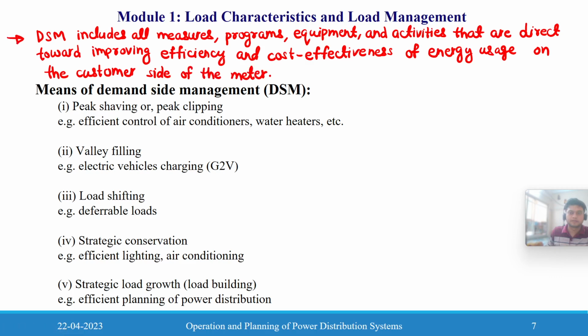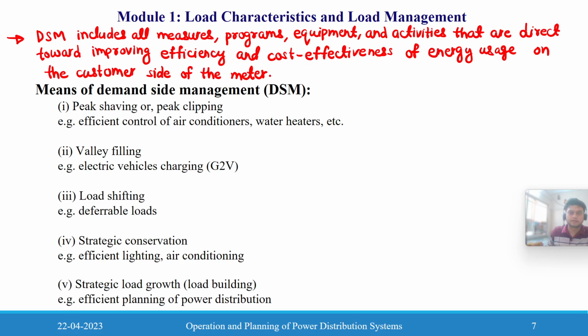So what does the term demand side management mean? Demand side management includes all measures, programs, equipment, and activities that are directed toward improving efficiency and cost effectiveness of energy usage on the customer side of the meter. How will we achieve this? What will we get by doing demand side management?